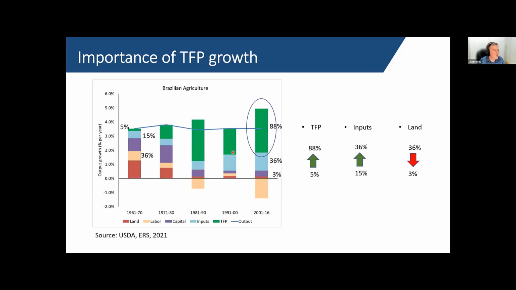When we decompose this TFP, this technological growth in Brazil, we can see in this time series from the USDA that the technology improvement explains 58% of all output growth in agriculture in Brazil, while inputs are increasing their share, but land is decreasing. And of course, we can discuss later, we have some tricky results for labor.